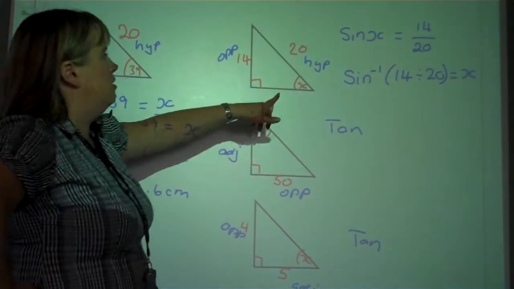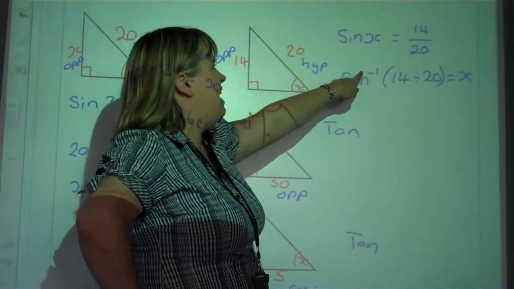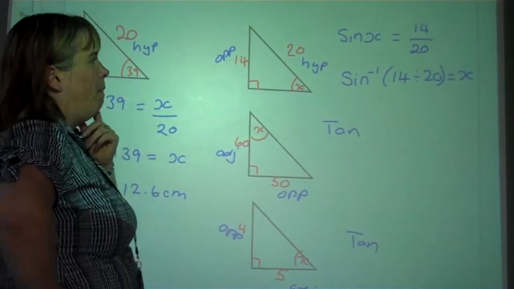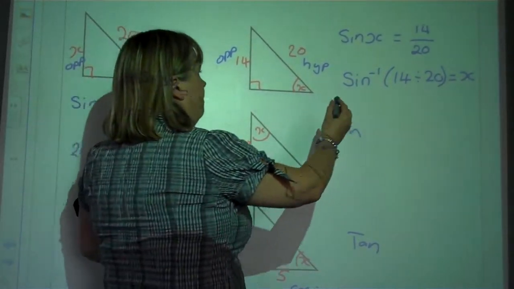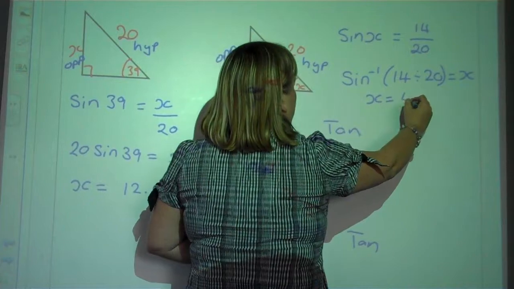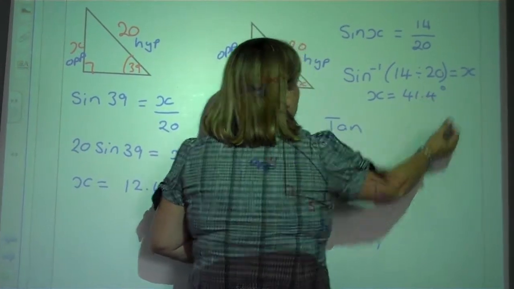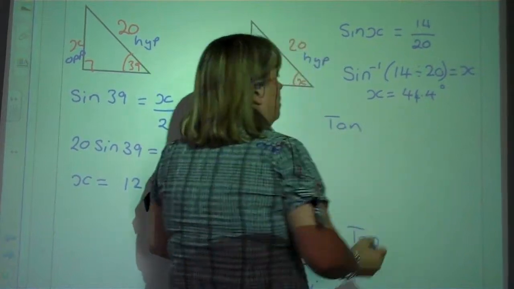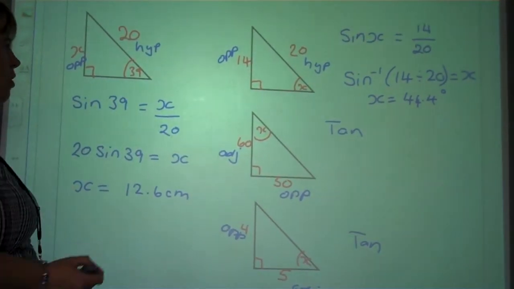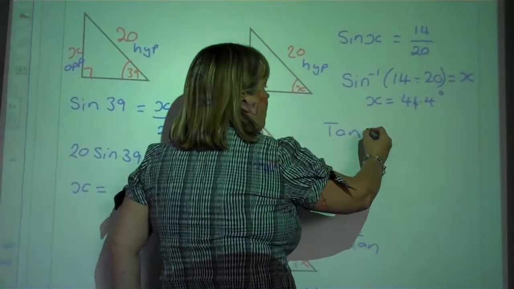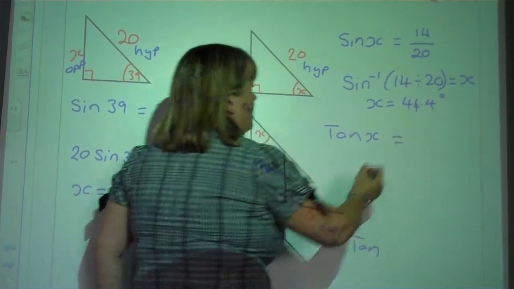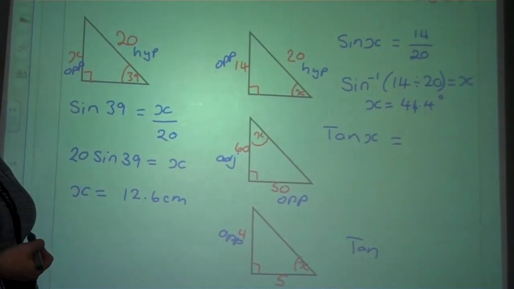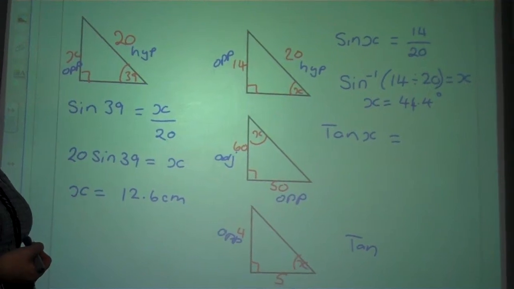So if you've not got an angle to type in, then you want inverse sine. Okay, so what do you get for your x on that one? 41.4. Okay, so on the next one here, x again, I'm trying to find an angle. So tan x is equal to, what's it going to be? Which way round should the numbers be?